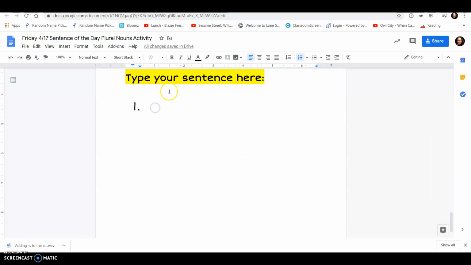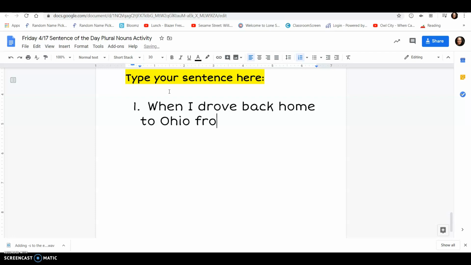I'm going to type, when I drove back home to Ohio from Texas, I saw many mountains. And that is going to be my sentence.